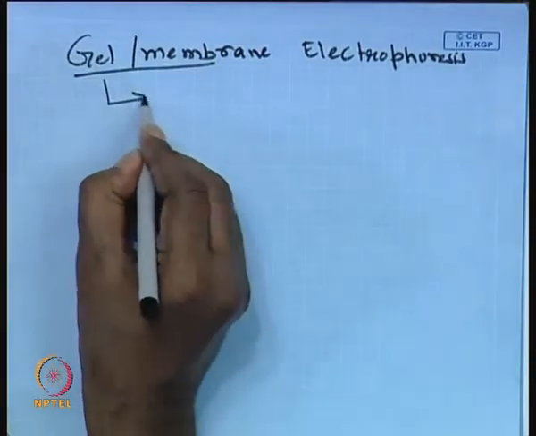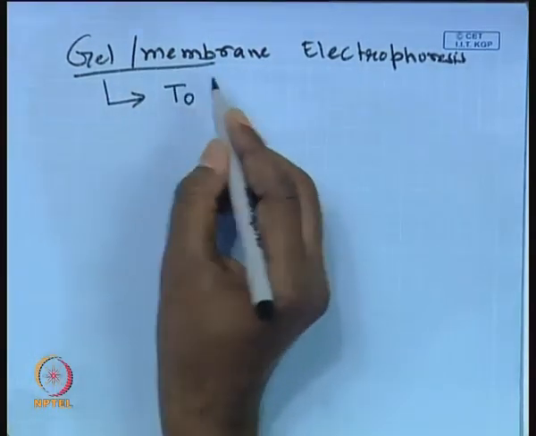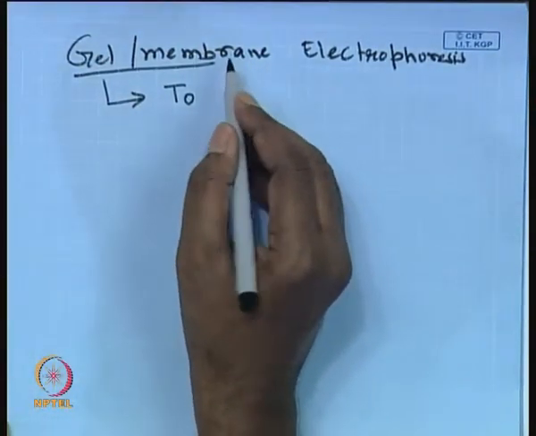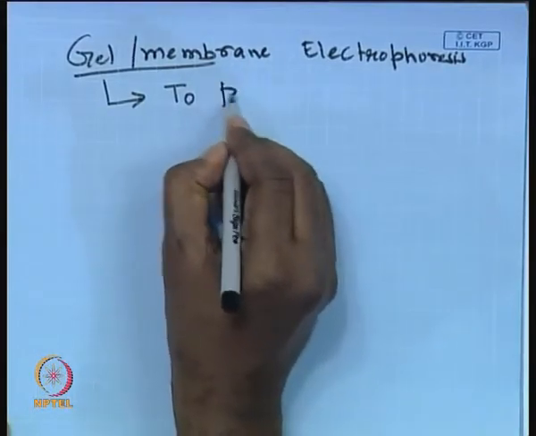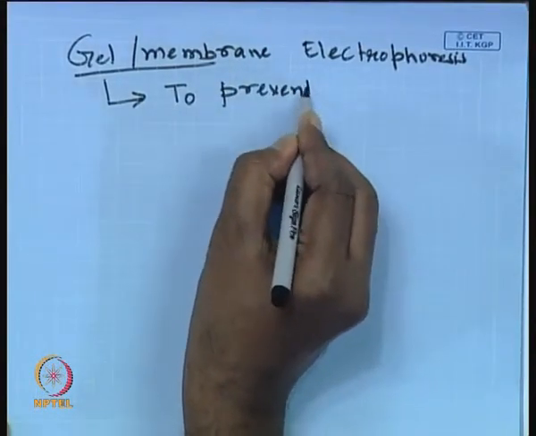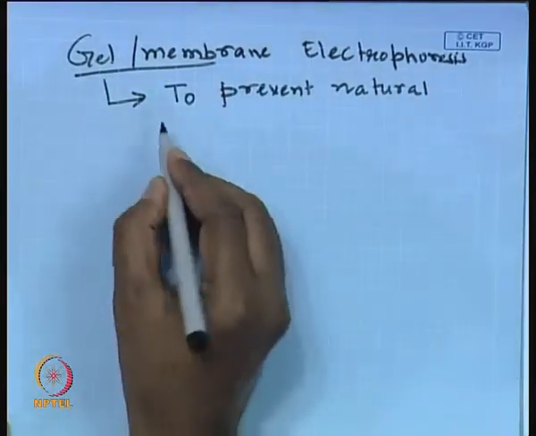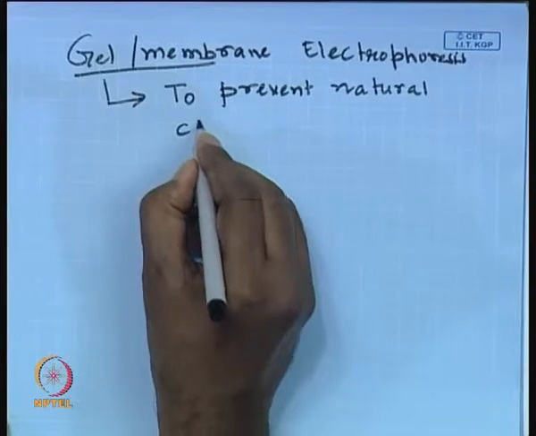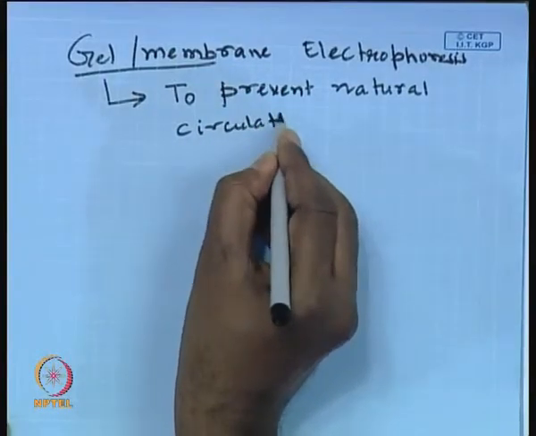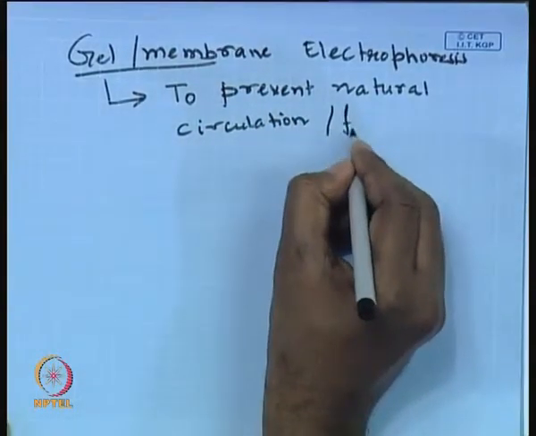This is done to prevent the natural convection or natural circulation in the system, like free convection.